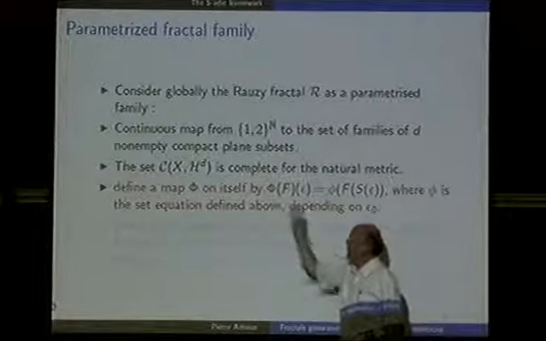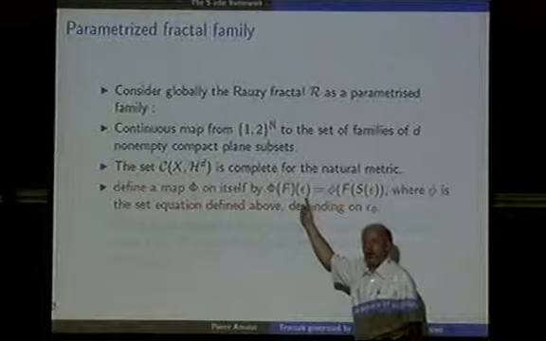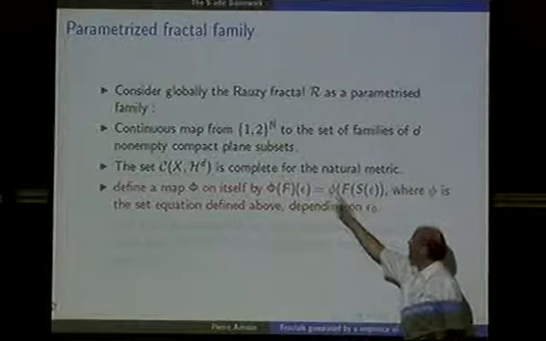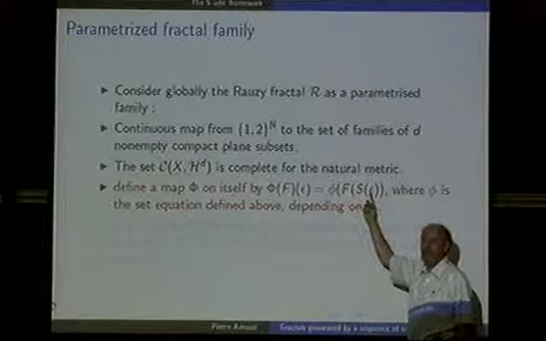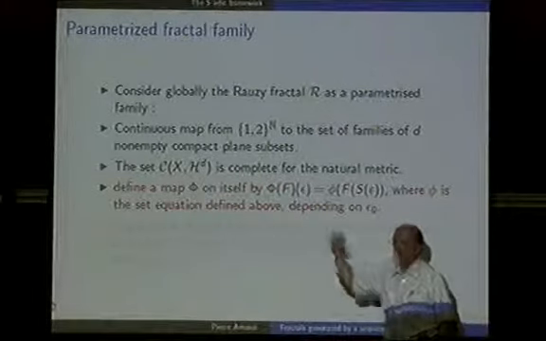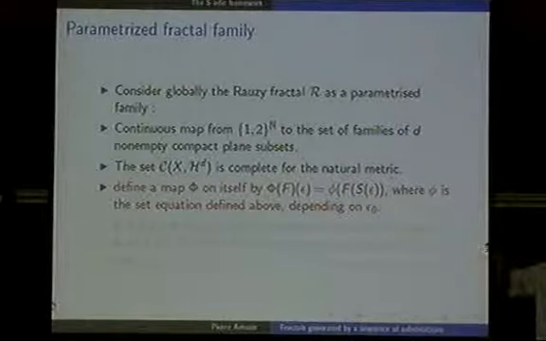I define phi of f, taken on the family epsilon, as s epsilon, where phi is the set equation I gave above. That is, I renormalize at each step.